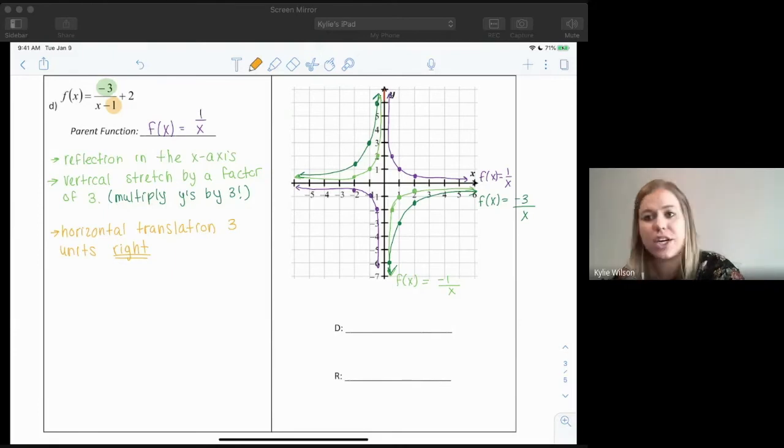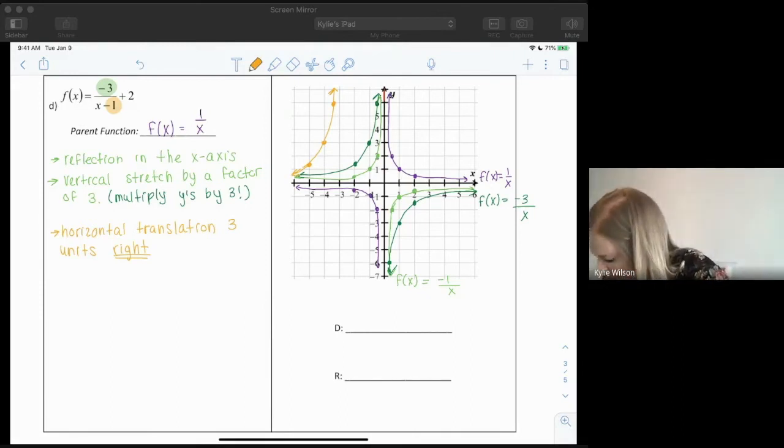So we'll take the dark green dots and move them each 3 units to the right. So now instead of getting really close to y equals 0, it's now x equals negative 3. Same thing down here, move everything 3 to the right.